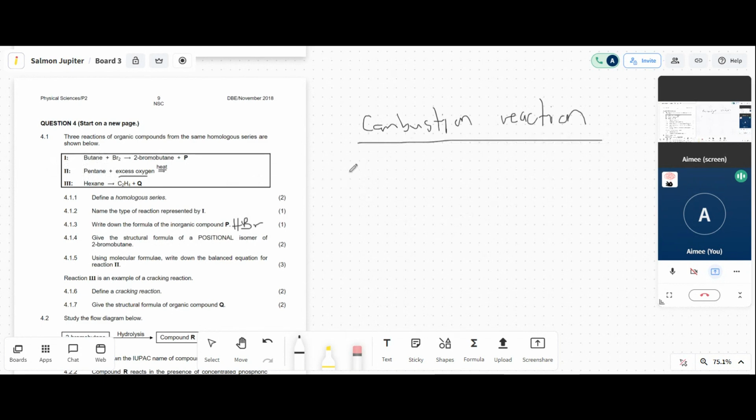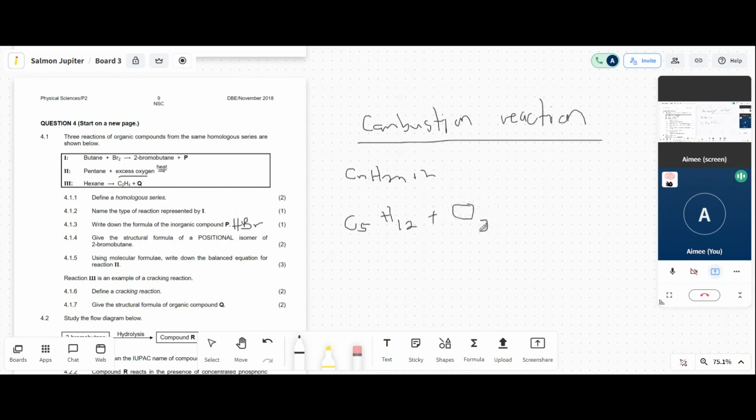Pentane, you know the general formula for an alkane is CnH2n+2. So you know you've got 5 carbons. So you know your formula for pentane is going to be C5H, 2 times 5 is 10 plus 2 is 12. C5H12 plus, they say excess oxygen.